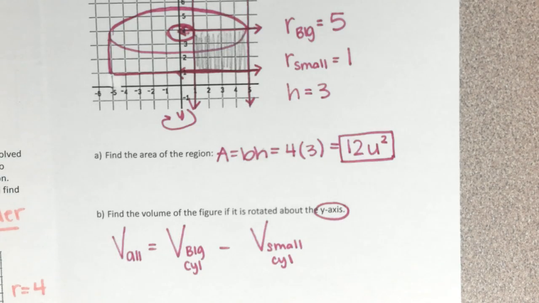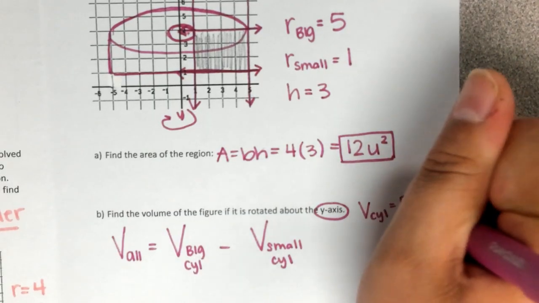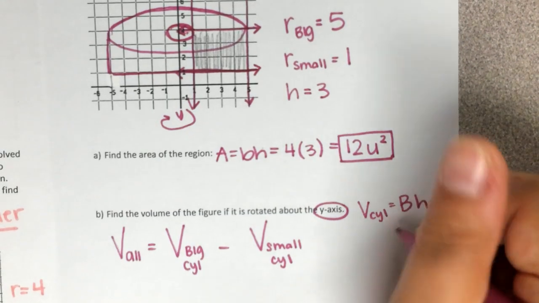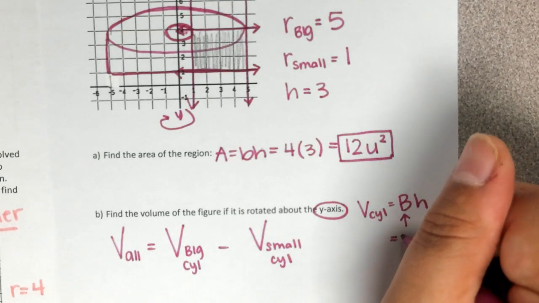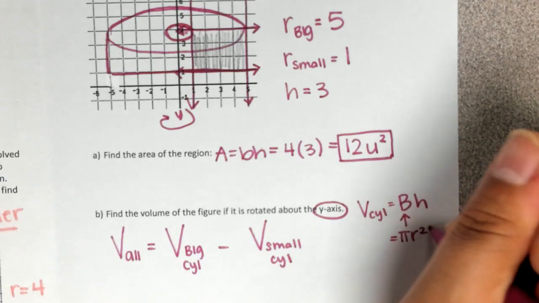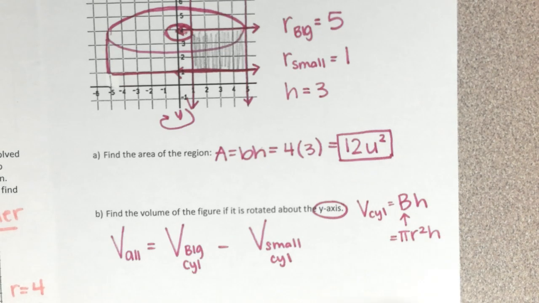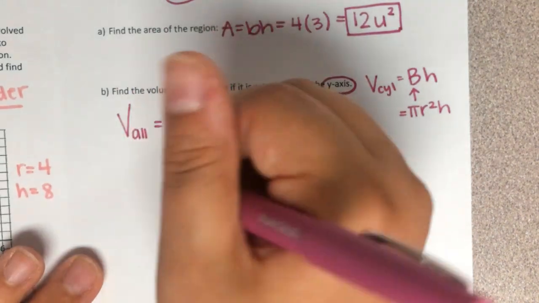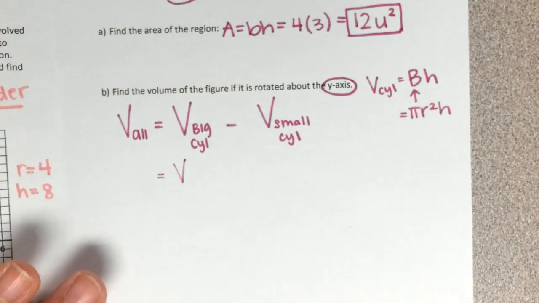Now, do you agree, this last problem, we said volume of a cylinder is big B times h. But what do we know about a cylinder's base? It's a circle, so the volume of a cylinder is pi r squared h. Do y'all agree with that? So, for here, I'm going to find the volume.